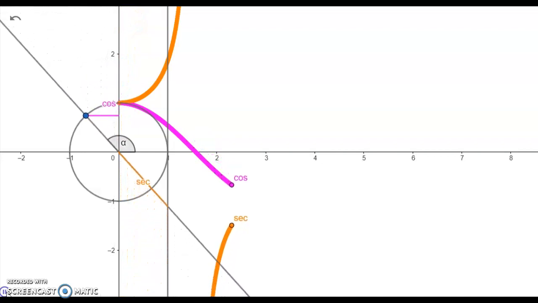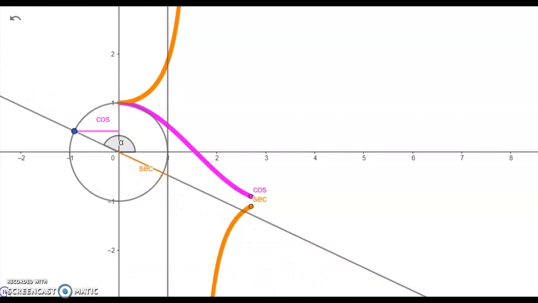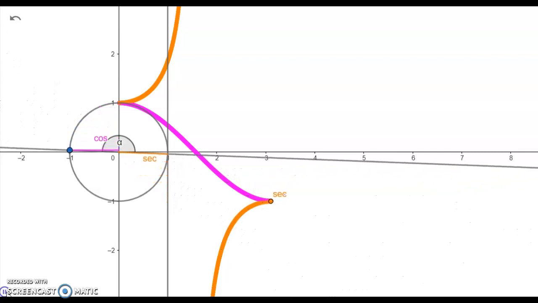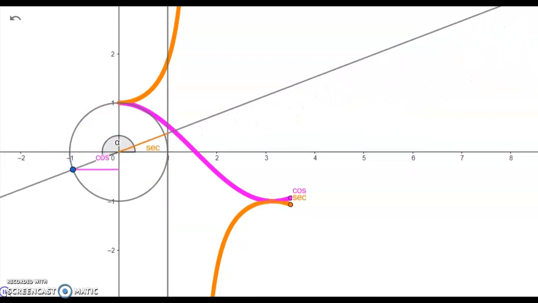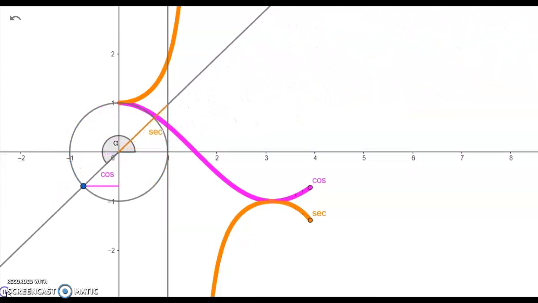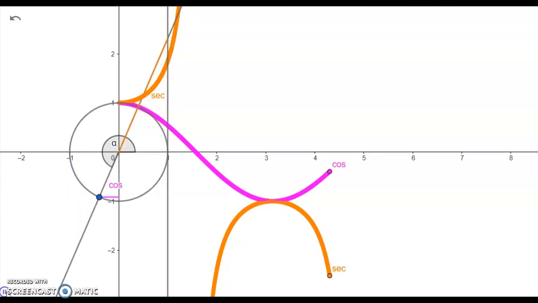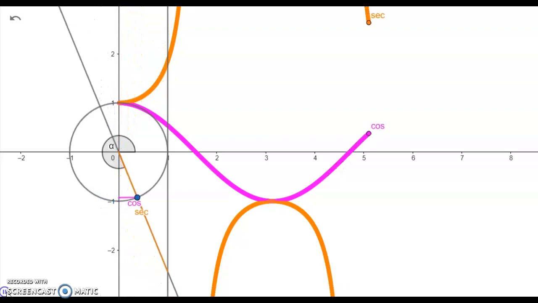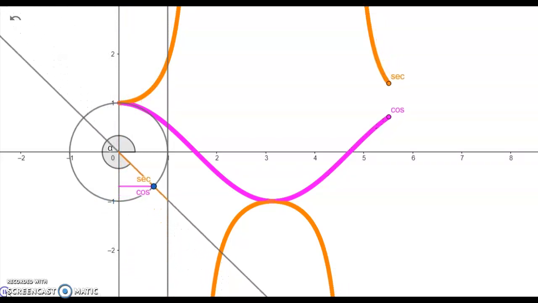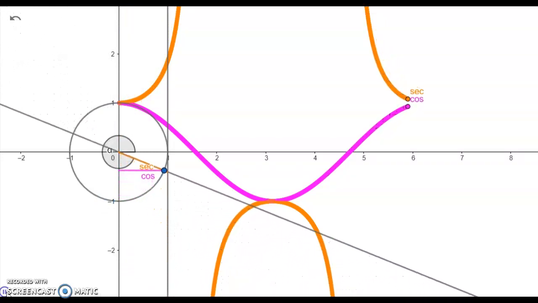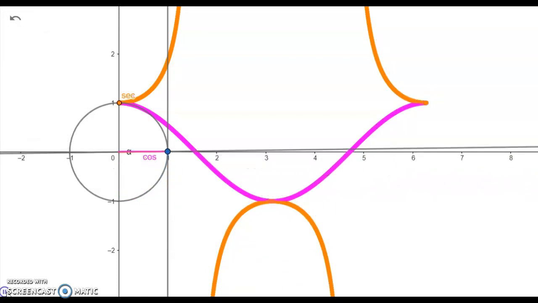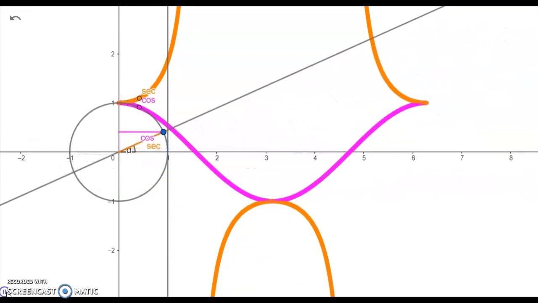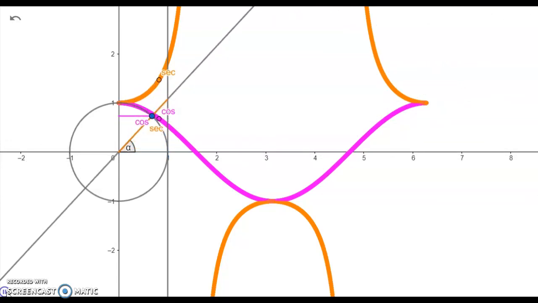Now, secant is negative at this point. And it goes off to infinity, and now it's at positive infinity, and now goes to 1 with cosine. Let me run that through one more time.